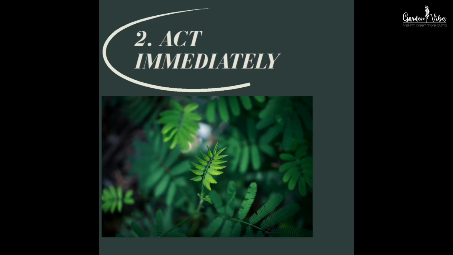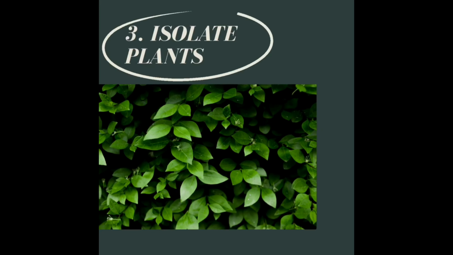Now let's understand what to do if the infestation is already there. What control measures should be followed to control this mealybug infestation? Step 1. Be an observer. Inspect all your plants and containers thoroughly and regularly. Step 2. When you observe mealybugs, act immediately. Step 3.